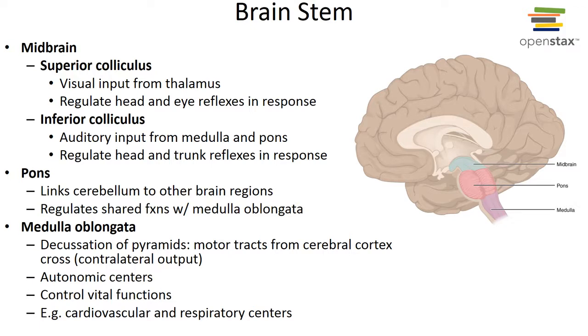The pons possesses projection fibers between the higher and lower brain centers and also between the pons and the cerebellum. The pons also possesses nuclei that function in somatic and visceral motor control. Some pons nuclei are respiratory centers that help to maintain the normal rhythm of breathing.